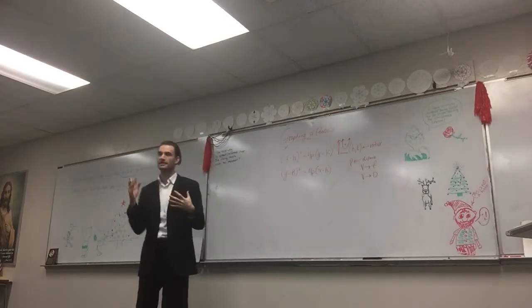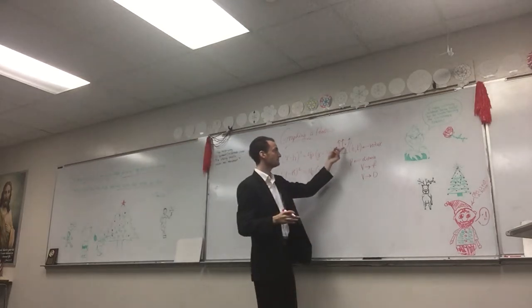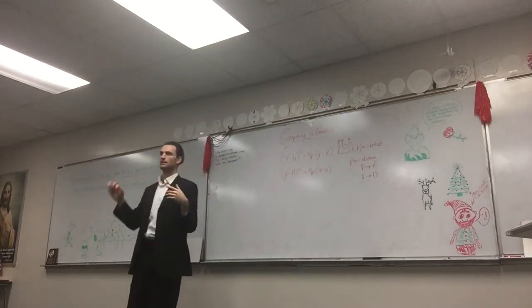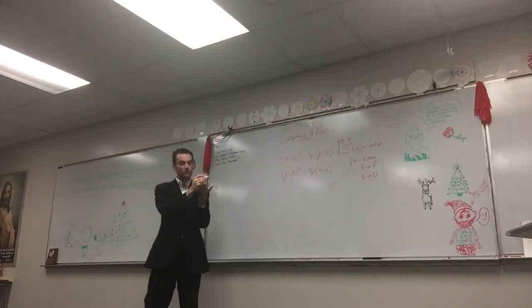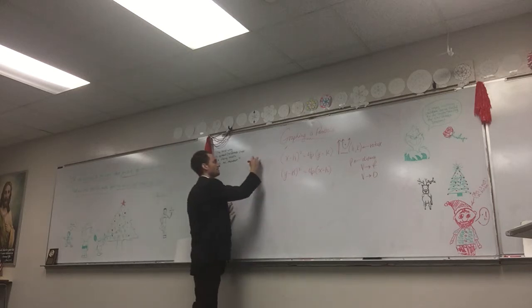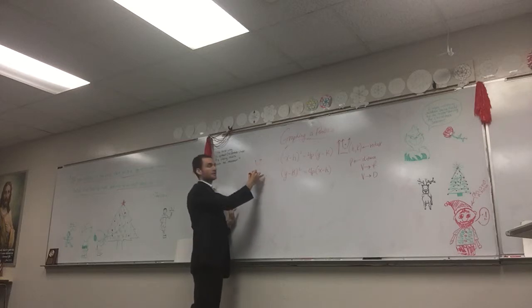So then I can think, okay, it's got to be vertex plus p to get there. Even just draw a little sketch on your paper first. Does that make sense? Okay?